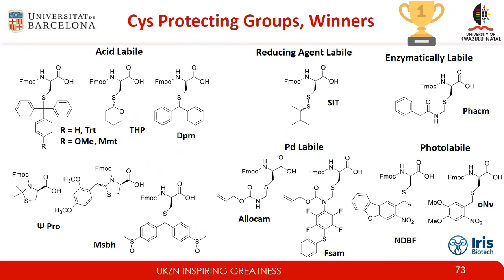And right now, some of the antibody drug conjugates are being constructed using dimethyl moieties of the cysteine. They are using these penicillamines. Everything takes the same, but it is more demanding. But Phacm we used in the past, and you can remove it from the penicillamine, and I am pretty sure that Dpm also, trityl also, and the Cys derivative, I am pretty sure that we'll be able to remove from the penicillamine.